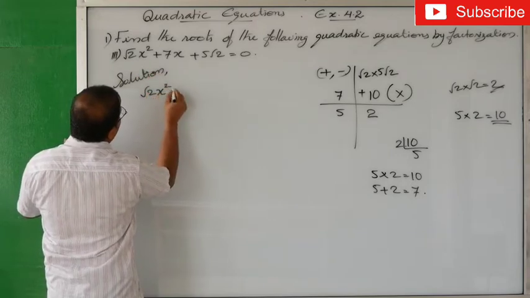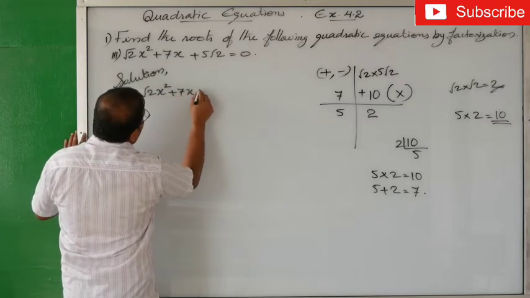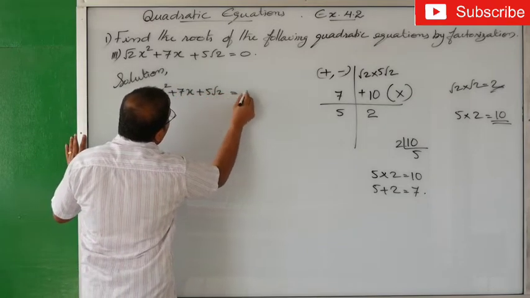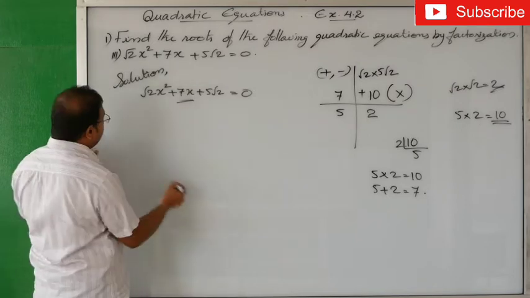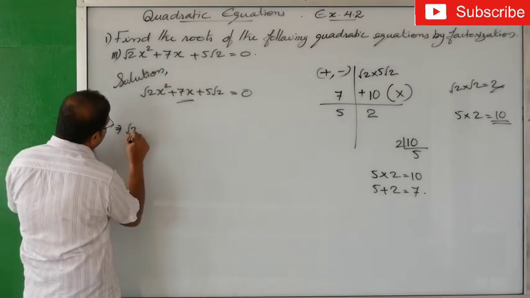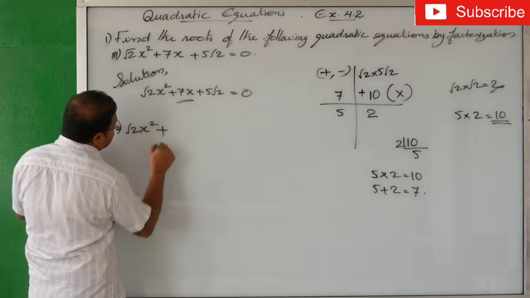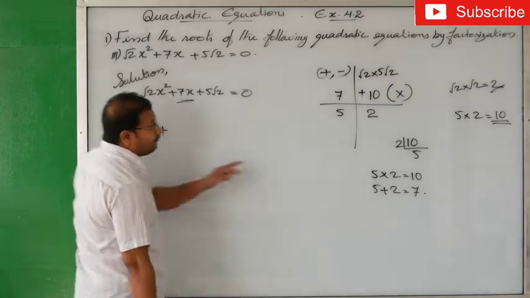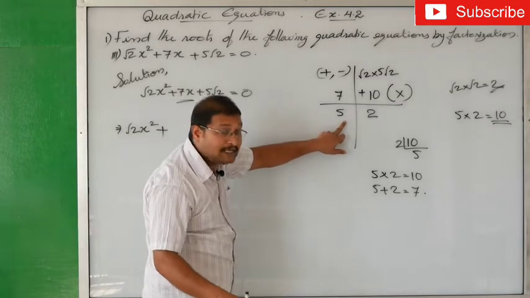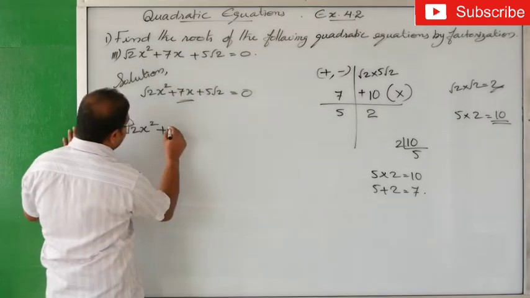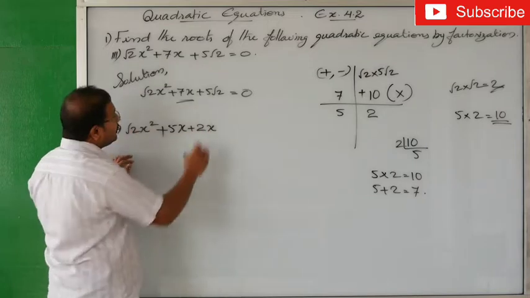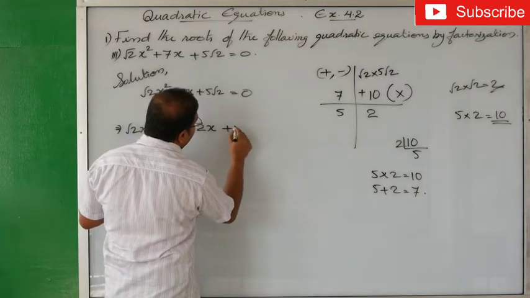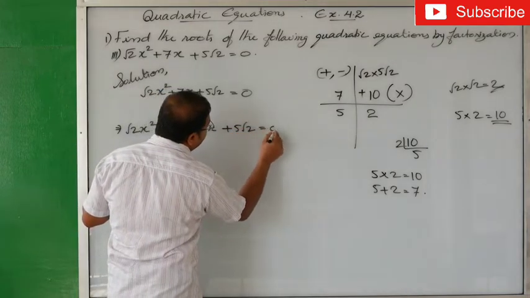Write root 2x square plus 7x plus 5 root 2 equal to 0. Now we'll break the middle term. This implies root 2x square plus 7x. What can you write? 5x plus 2x. So we'll write 5x plus 2x and the balance last part plus 5 root 2 equal to 0.